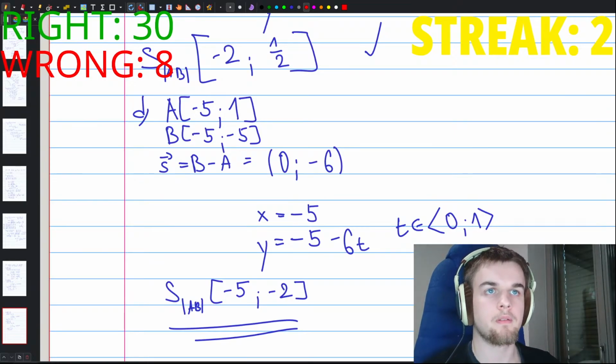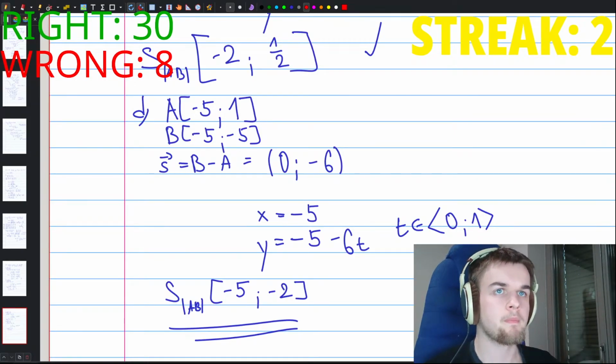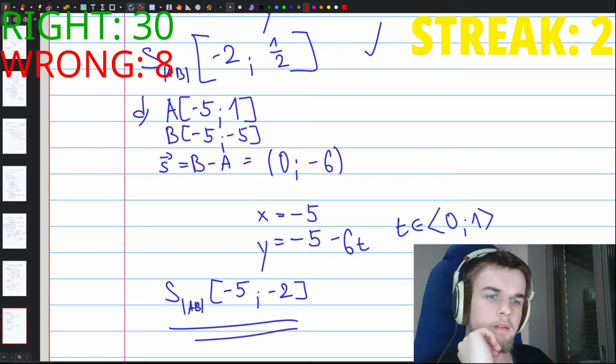Oh, sorry, that's because... Yeah, I get... What the heck? I calculated the direction vector incorrectly. I'm extremely confused.